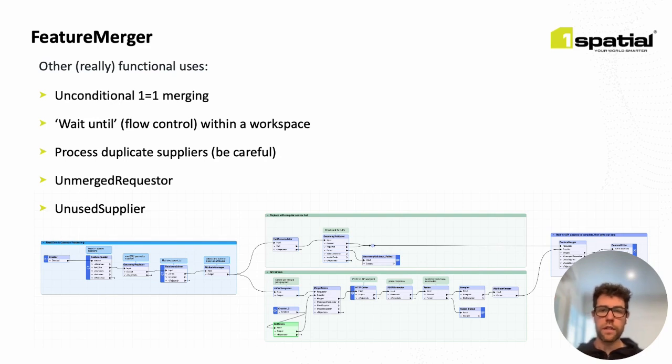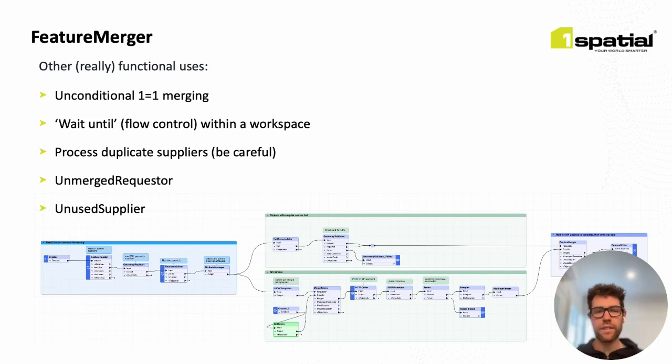You can also then configure it to handle duplicate suppliers. So this is where you have features coming in to the supplier side of the feature merger that have the same attribute that aren't unique. This is something that you can enable the feature merger to support.